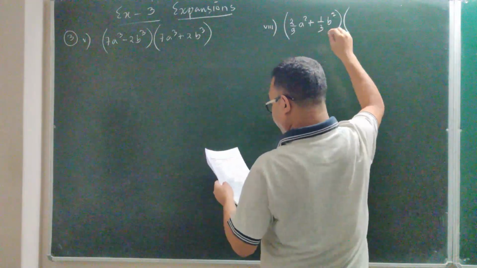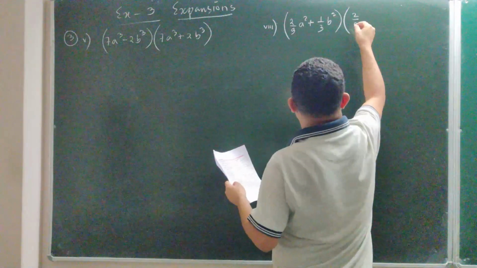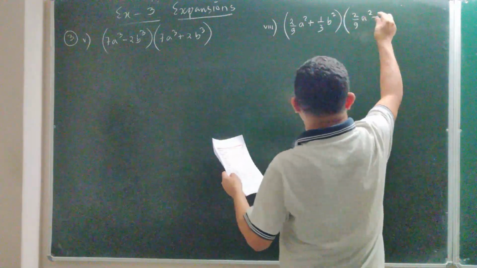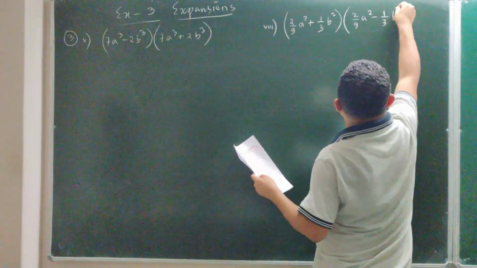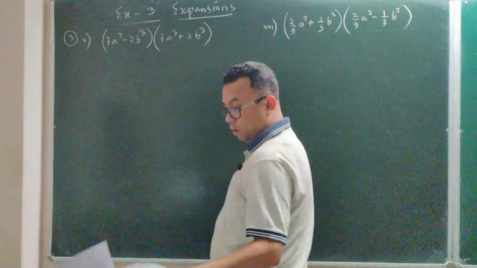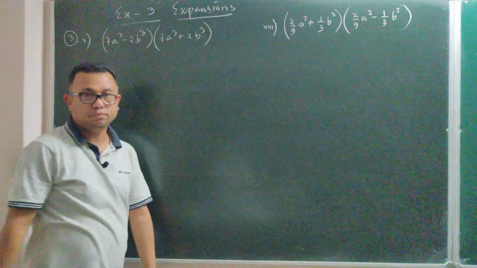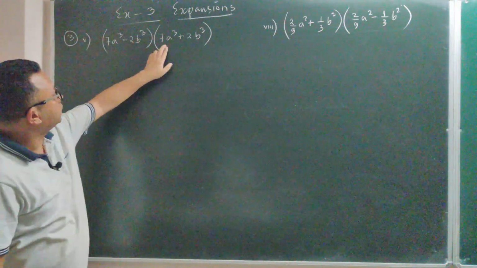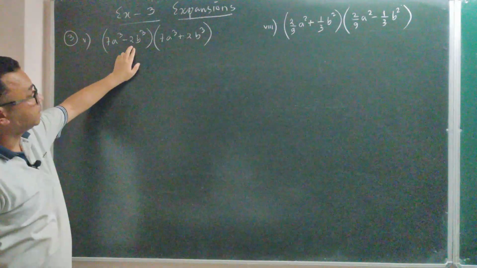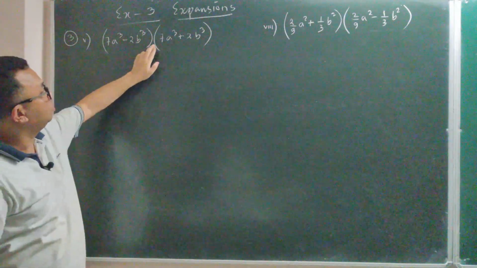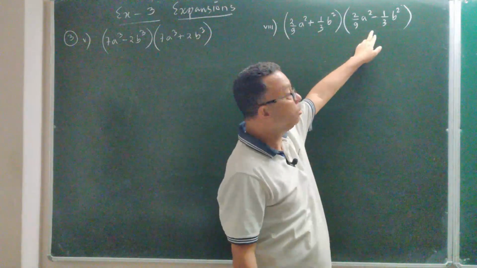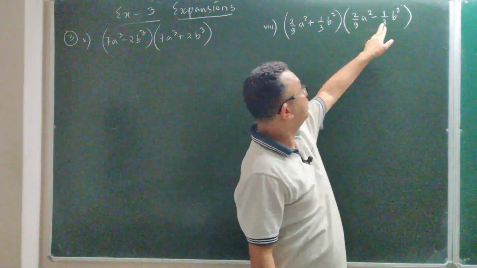Then in the other bracket it is 2 by 9 a square minus 1 by 3 b square. Now what I can see here is, in both these questions, the first bracket has 7a cube, the second bracket also has 7a cube. Second term is 2b cube, here also 2b cube, and same thing here: 2 by 9 a square, here also 2 by 9 a square, and the second one is 1 by 3 b square, there also 1 by 3 b square.